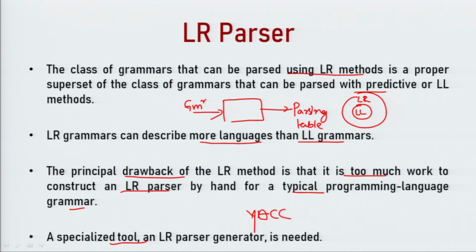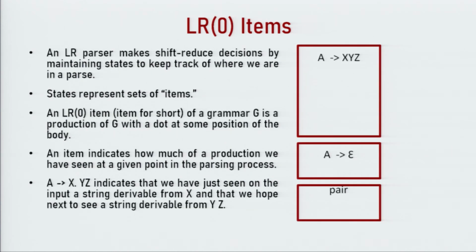Now, it is quite possible that the grammar is ambiguous. If the grammar is ambiguous, then the tool will automatically find the constructs and give the user detailed diagnostic messages. So, this is about the basics of the LR parser.